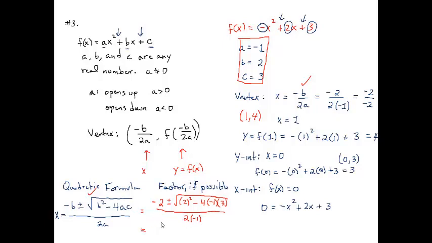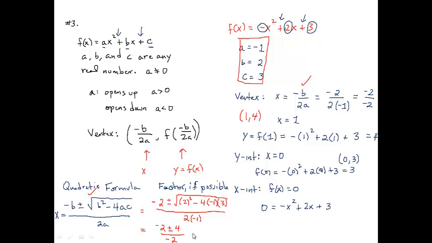So that's negative 2 plus or minus, well, 2 squared is 4, minus 4 times negative 1 times 3, that's plus 12. So 4 plus 12 is 16.